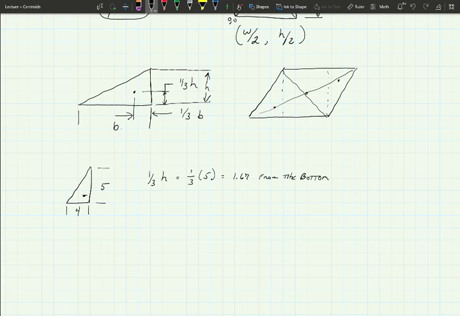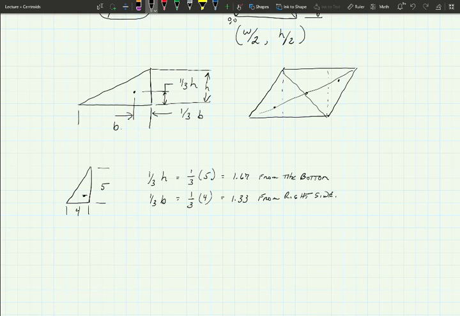Okay, and 1/3 the base, actually a little b, is 1.33 from the right side in this particular triangle. Okay, so it'll always be located someplace in there.